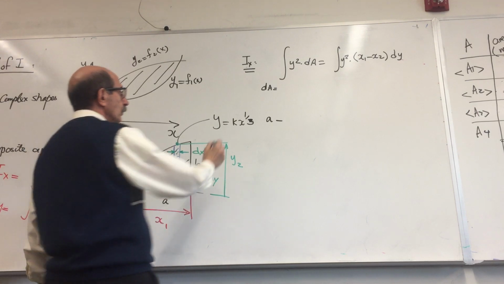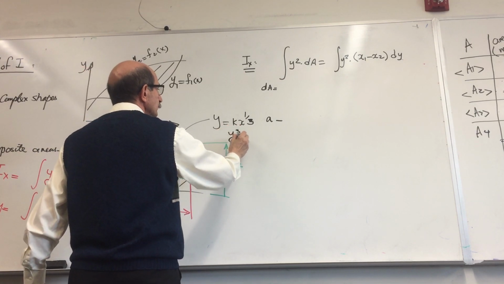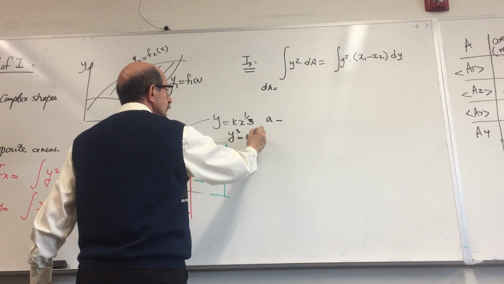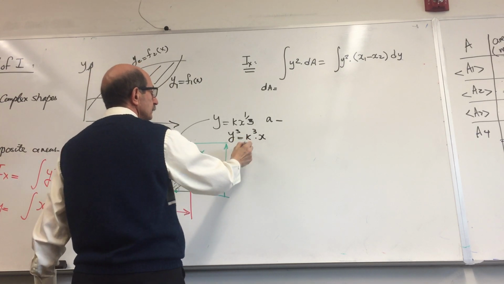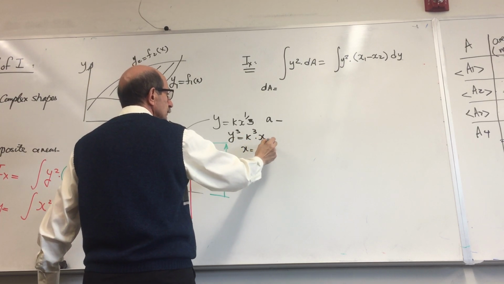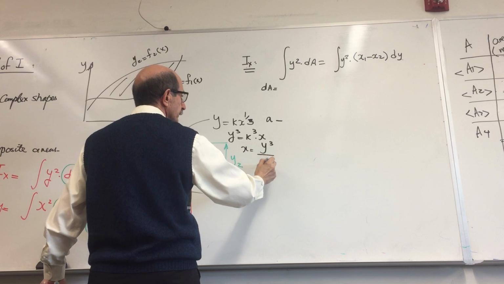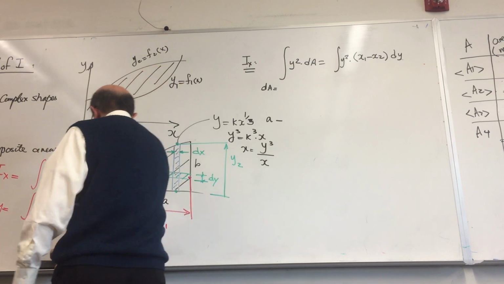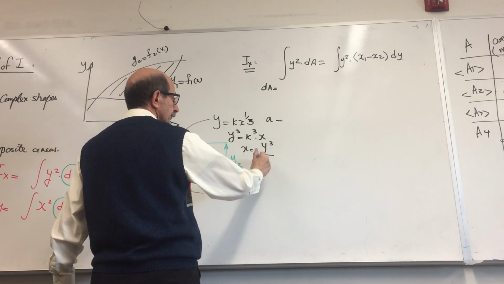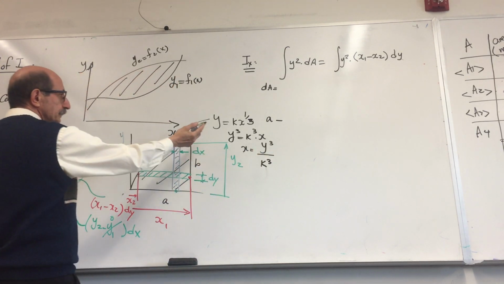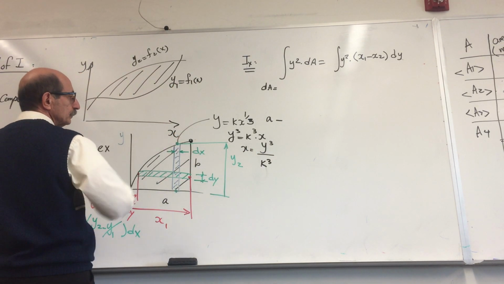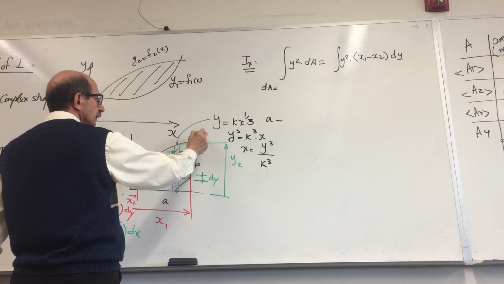Okay. So you have y cubed is k cubed times x. So you find x is equal to y cubed divided by k cubed. And of course, you can find k, given that you have the coordinates of this point, which is a and b.